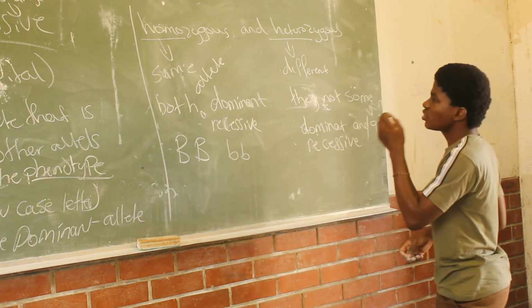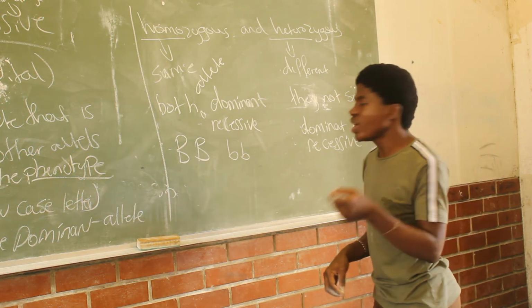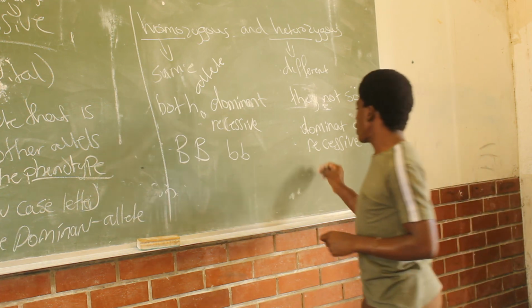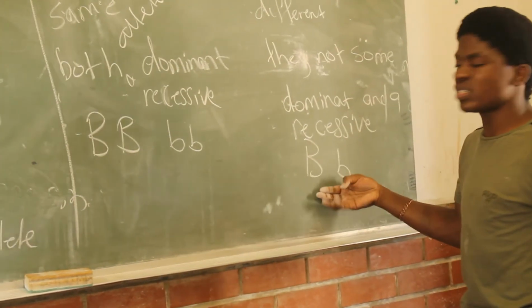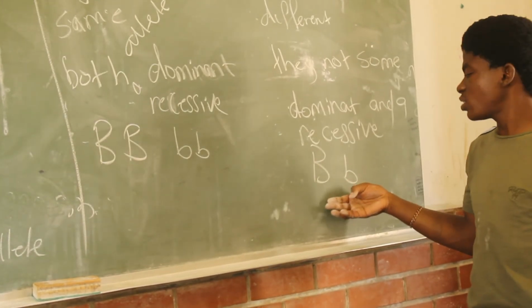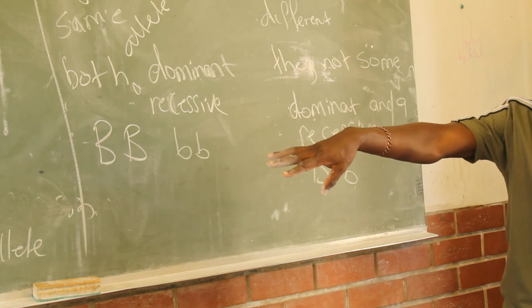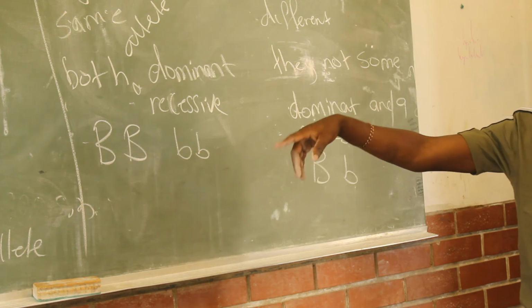But when you talk about heterozygous, they are not the same. They are both dominant and recessive, so we write it like this: Bb. This is how we express our heterozygous state. Remembering that the recessive allele is weak, or masked by the dominant allele.